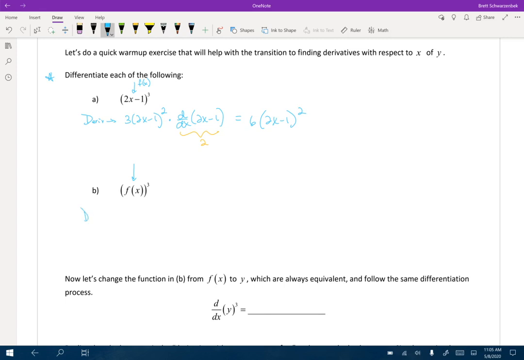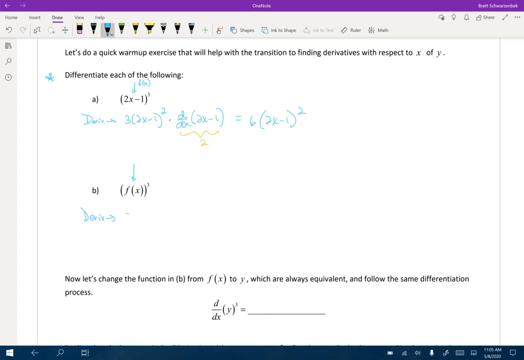But I'm going to take the derivative of this as is. All right, let's give it a try. No different than the other one. Our outer function is the power, and our inner function is now generically just f. So what would we do? We wouldn't do anything different.